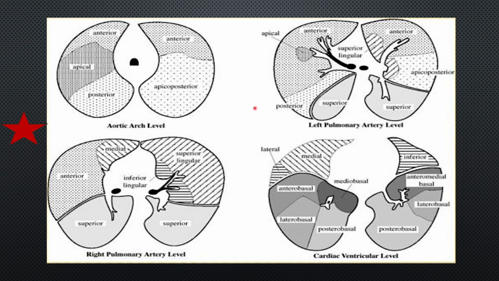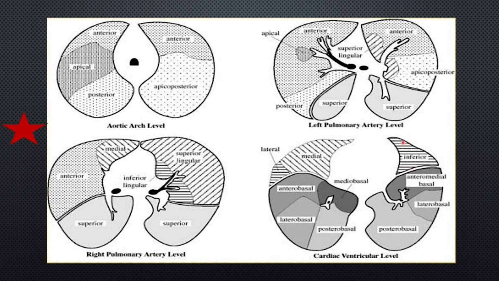The first one is before the trachea divides, so before the level of carina, this is actually at the level of the aortic arch on the simultaneous mediastinal cut. The second level that one should look out for is where the left pulmonary artery comes in the mediastinal window. The third one should be the level of the right pulmonary artery, and the fourth level is the ventricular level.